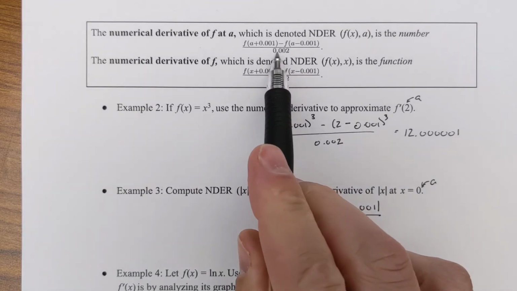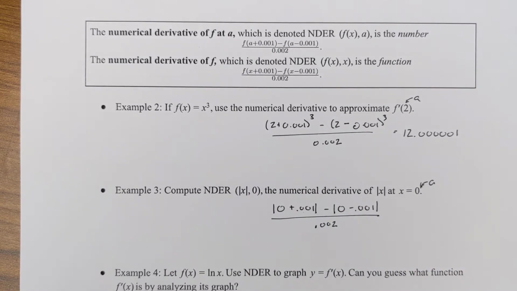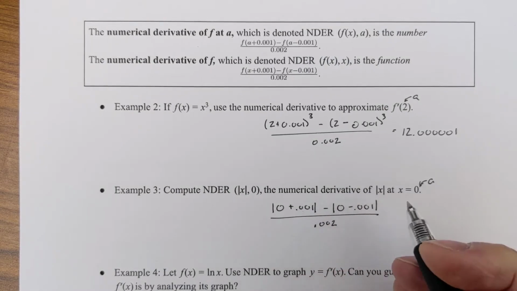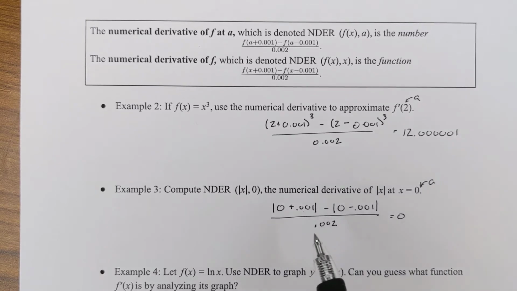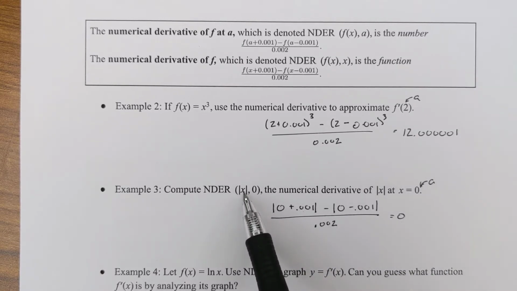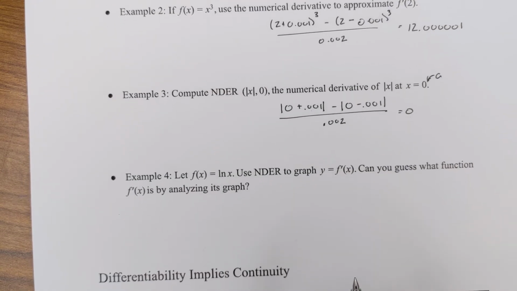That's going to be 0.001 minus 0.001 divided by 0.002, because these are going to be the same number because it's the absolute value. So this comes out to be 0. Now just a note, that's actually the wrong answer, because for the absolute value function, there is no derivative at 0, so be careful with the numerical derivative.